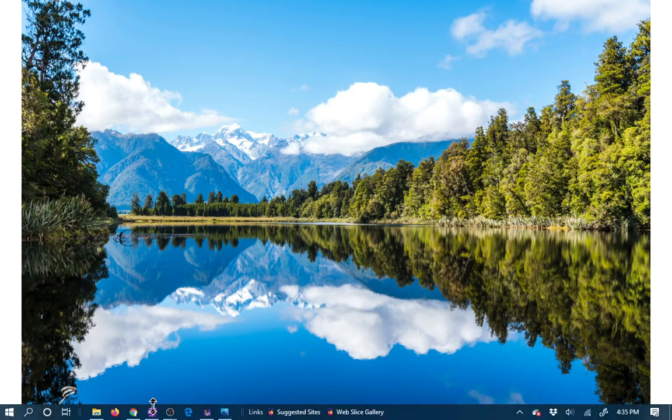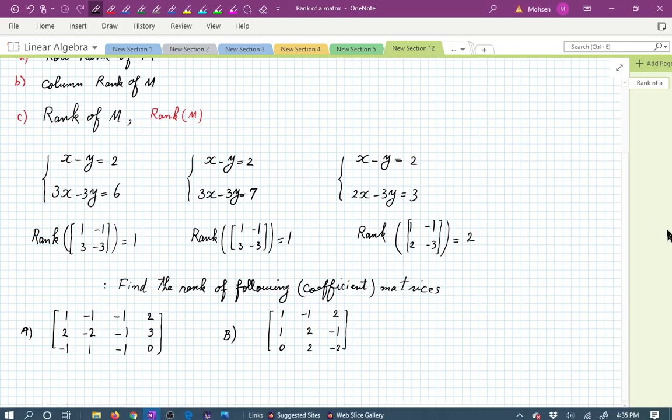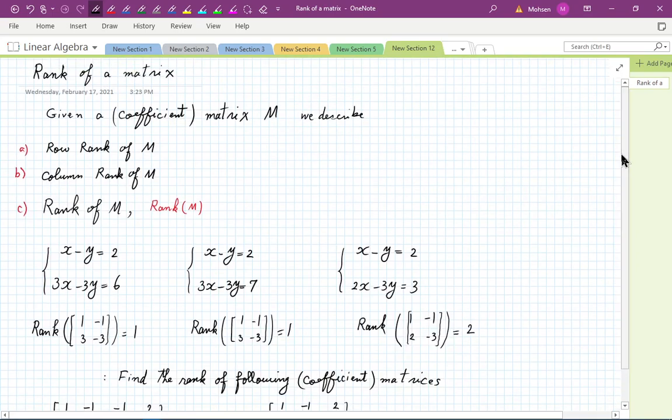So here we are going to talk about the rank of a matrix. What we have in mind is a coefficient matrix M, and for this matrix we want to define something called the row rank, another thing called the column rank, and then the generic rank of M, sometimes shown as a function rank followed by parentheses that contains the name of the matrix.